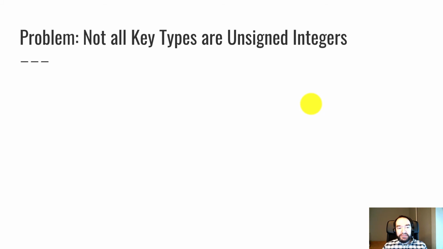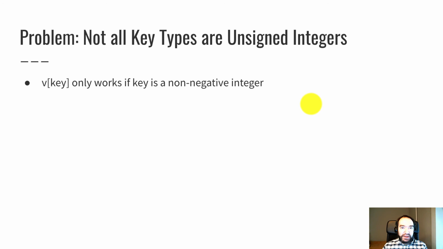There's another big problem with this approach, which is that it was based on using the key of the map as an array index, but not all key types are unsigned integers. We want to be able to use other types. You remember with the binary search tree, all we needed of the key was that it was comparable, and so we could use strings, floating point numbers, all sorts of data types.